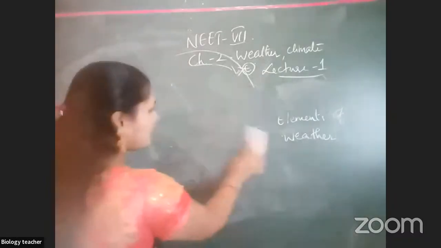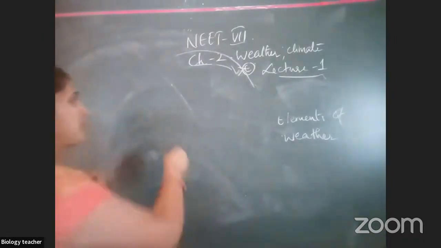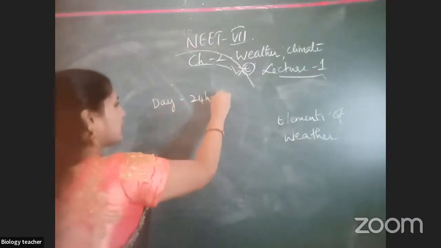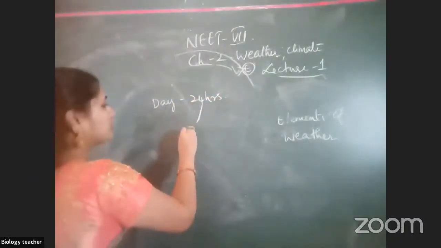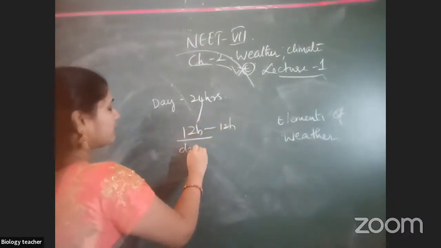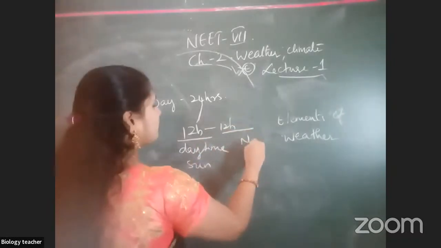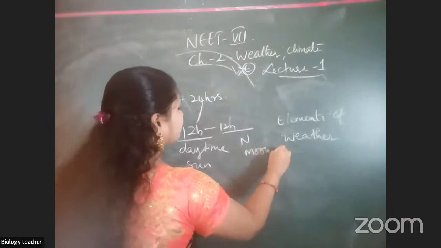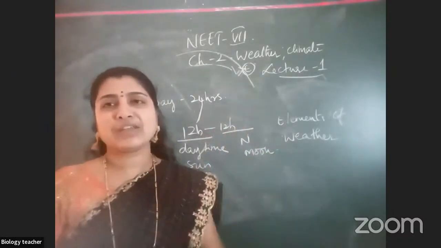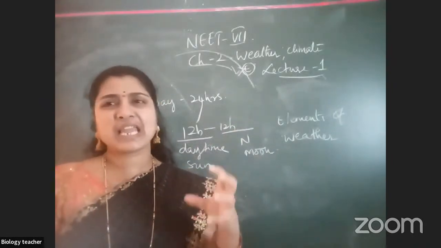We have 24 hours in a day. In that 24 hours, 12 hours is daytime, which we have sun, and 12 hours is night time, which we have moon. In the total 24 hours, can we have the same temperature?